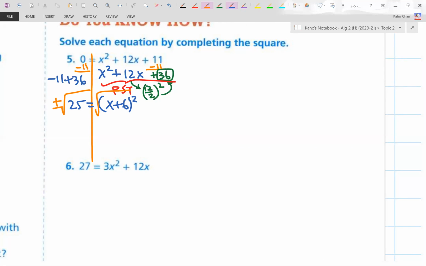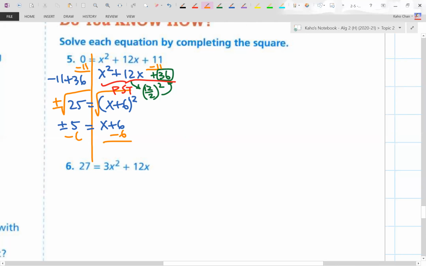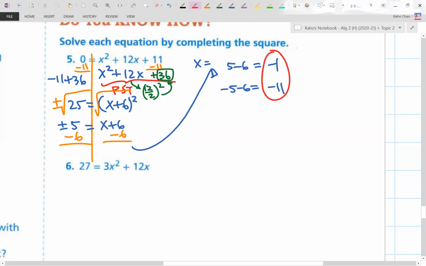And the square root of 25 is 5. Hey, square root is x plus 6 left. Subtract 6 to both sides. And clean that up. 5 minus 6 and negative 5 minus 6 will give me two answers. Negative 1 or negative 11. There they are.